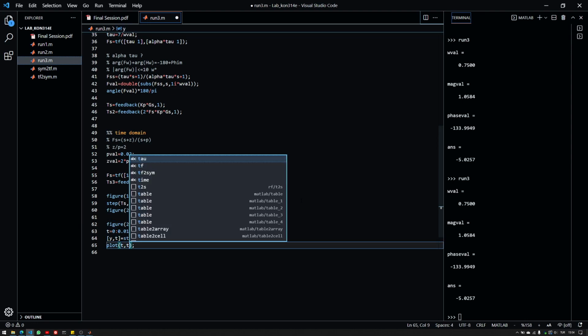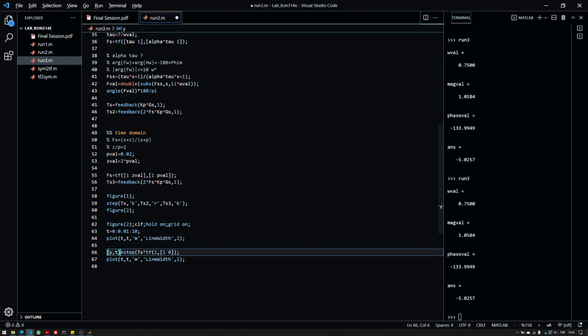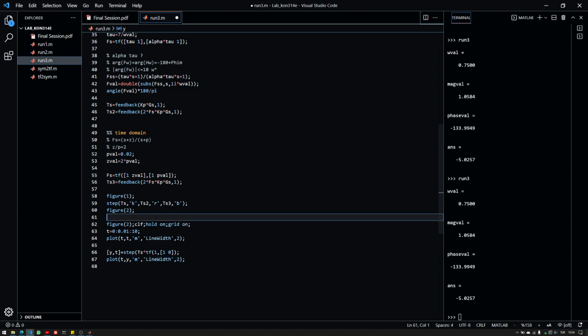So plot t comma t in magenta with width 2, and then plot t comma y for ts, but let's use ts2, by the way.